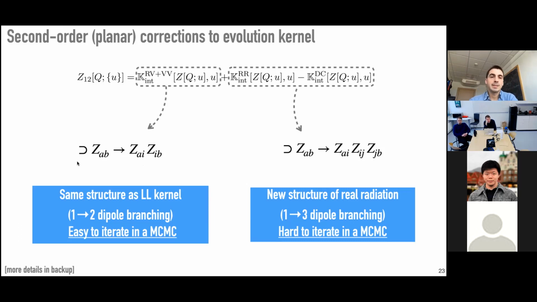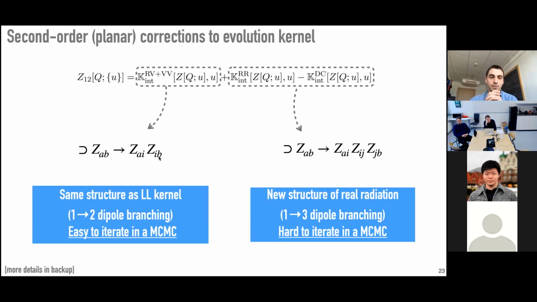And that means that each dipole can break into two contiguous dipoles. So each generating function splits into two generating functions. And that's something that I can easily implement in a Monte Carlo algorithm using the Dasgupta-Salam algorithm or a properly modified version of it.